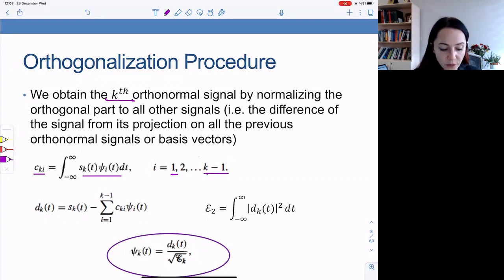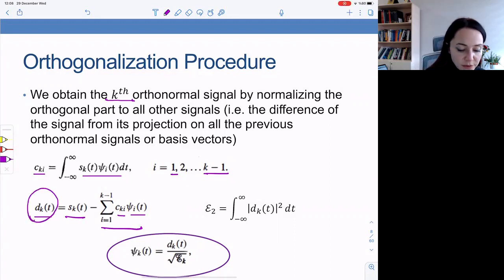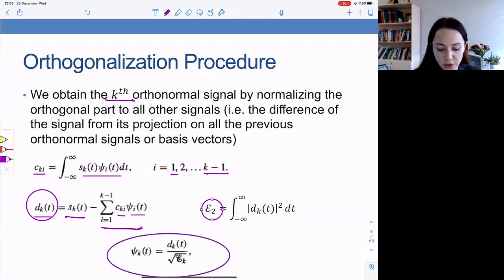Then we obtain the difference by subtracting from Sk the weighted sum of C_ki phi i of t. When I obtain this difference, I compute the energy of this difference function and normalize the difference function with the square root of that to obtain, by the way, this should have been E sub k, the kth basis function.